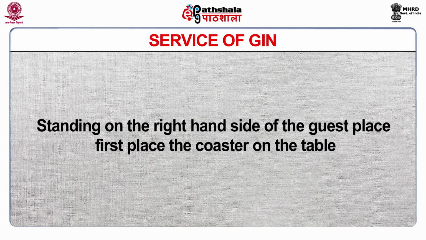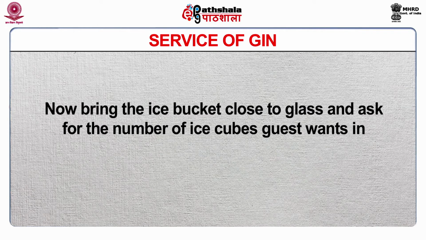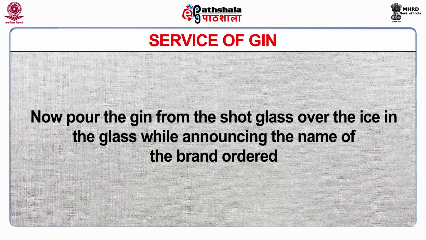Then, while standing on the right hand side of the guest, place first the coaster on the table. Keep the empty old-fashioned glass on the coaster. Now bring the ice bucket close to the glass and ask for the number of ice cubes the guest wants in his or her glass. Place the cubes accordingly in the glass. Now pour the gin from the shot glass over the ice in the glass while announcing the name of the brand ordered.